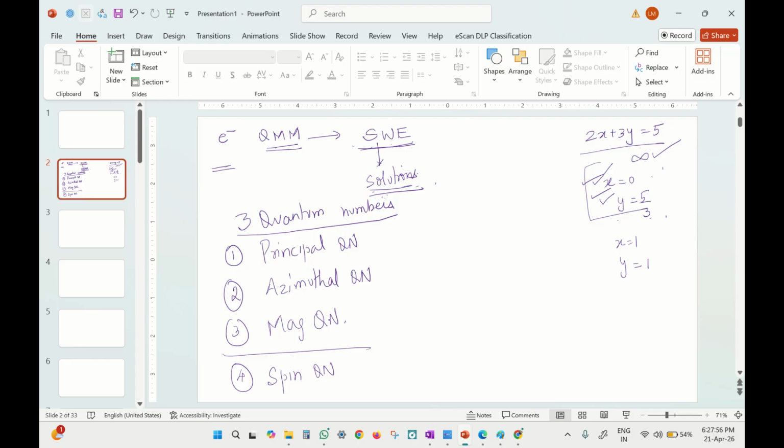We needed some more clarity. So we add another quantum number called the spin quantum number. The Schrodinger wave equation solutions are described in terms of three quantum numbers, namely principal, azimuthal, and magnetic. And the fourth quantum number is introduced from our side to add some more details to the electronic configuration. Are we clear? Up to this, any problem?